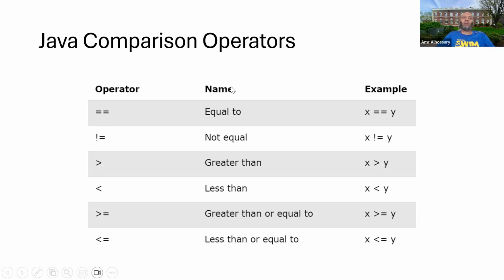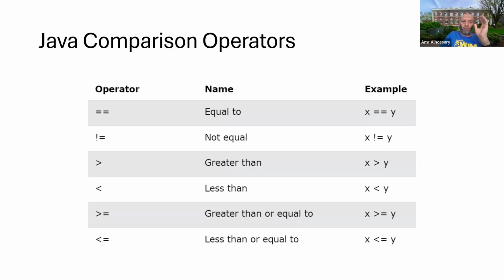Last time we talked about the Java comparison operators: equals to, not equals, greater than, less than, greater than or equal, less than or equal. I will start from here. Last time there was a problem with my environment, but that's one point. The second point is that I wanted to add some basic information here.